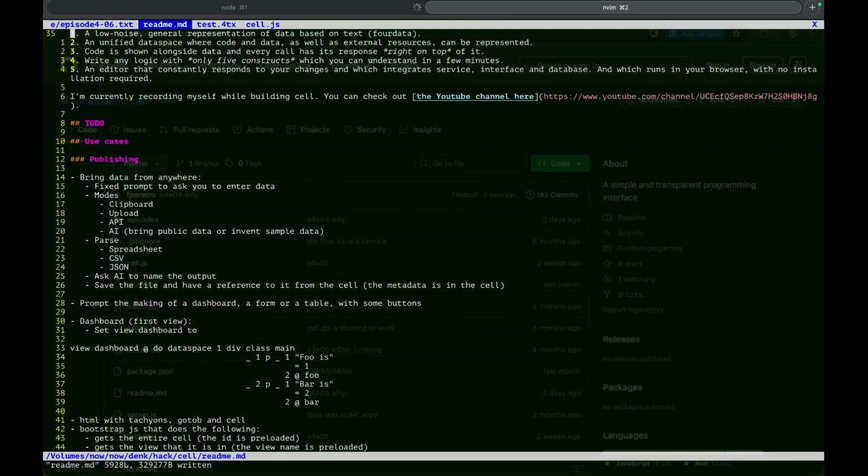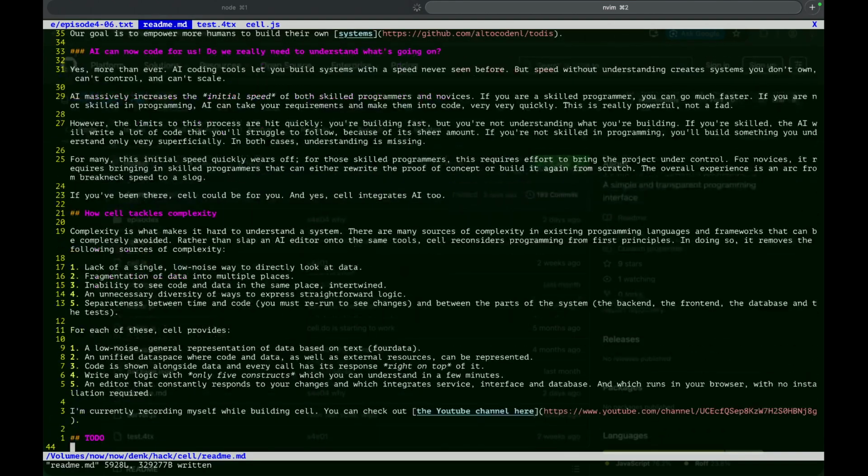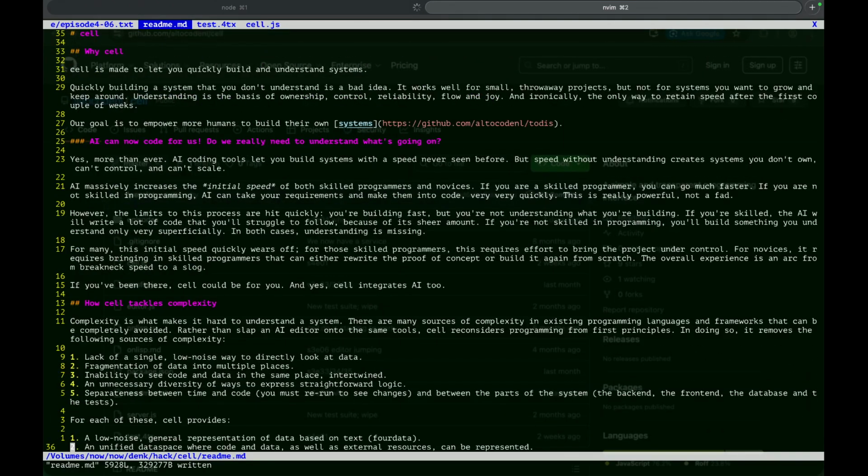Yeah, at least I redid the stuff at the top, which I think is much better now. So the why is much clearer. It's like quickly build and understand, not just build.